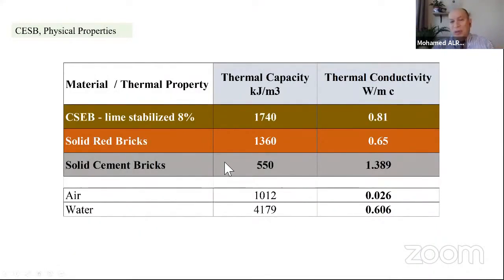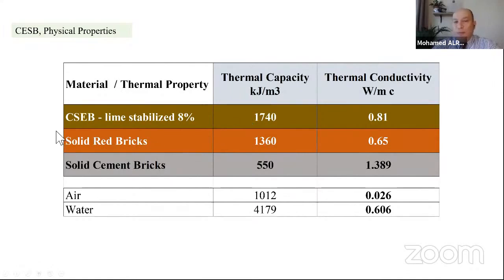Here, I would like to say that this type of product, we should deal with it as a thermal regulator rather than a thermal insulator, because normally when you press a material in a confined place, you are increasing the thermal conductivity. But on the other hand, you are increasing the thermal capacity.